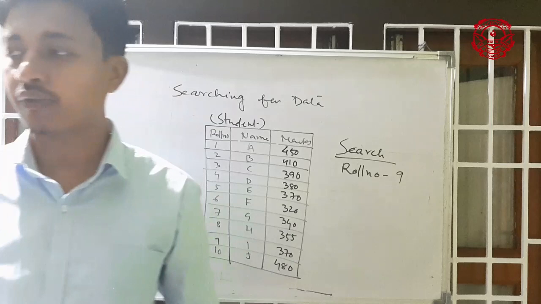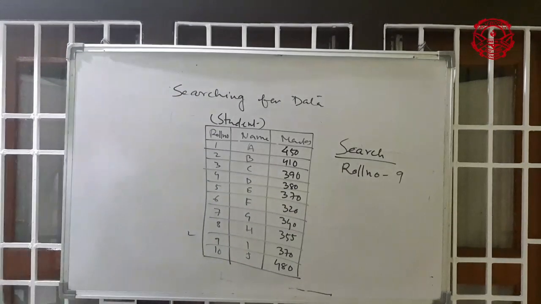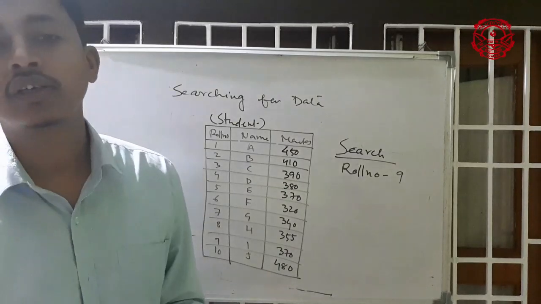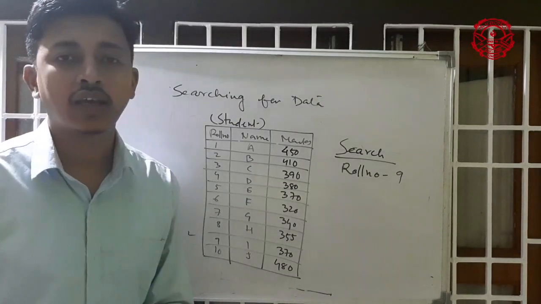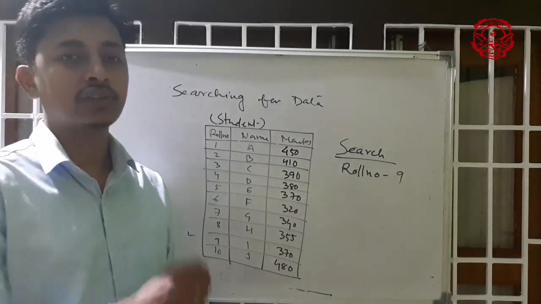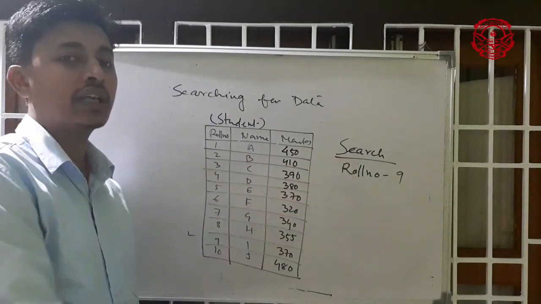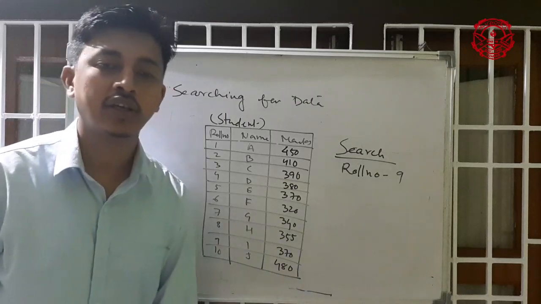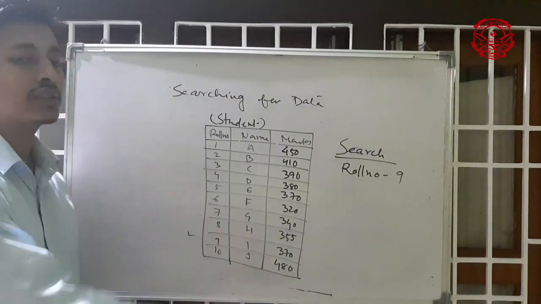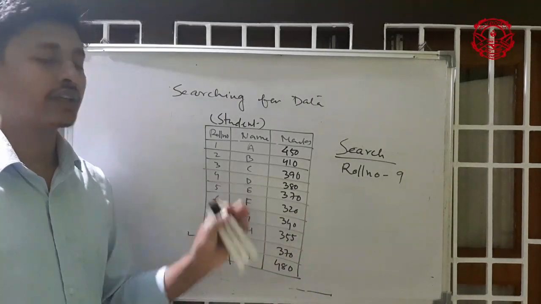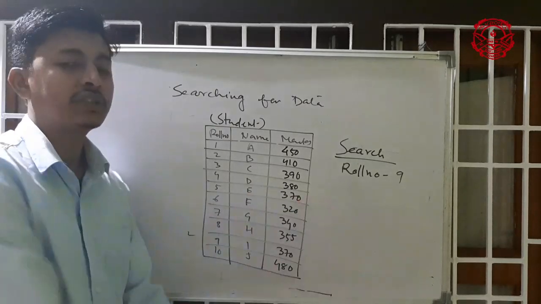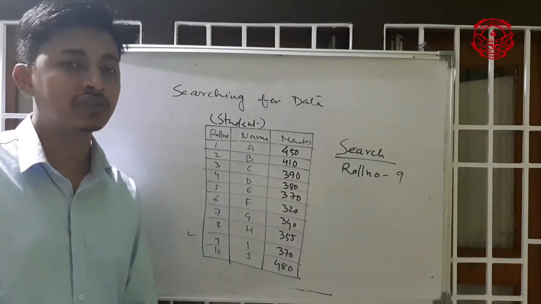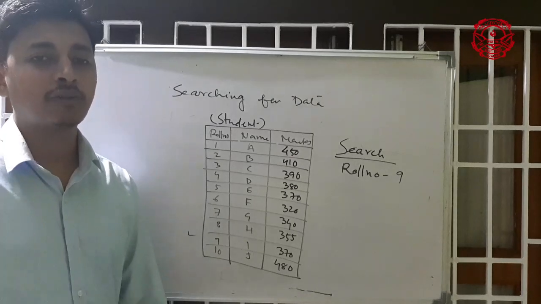You can search any word, any number, any phrase also. Just write the phrase or the word or the number and after that press the enter key. After that it will search the database and you will find the records. After that the records will be displayed on your screen. So in this way we can search the data from the database.